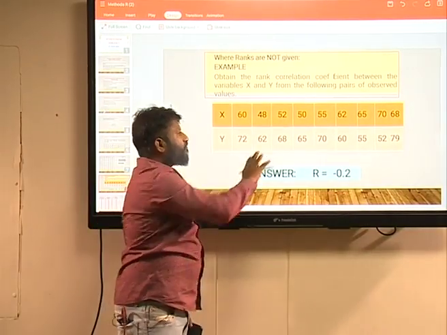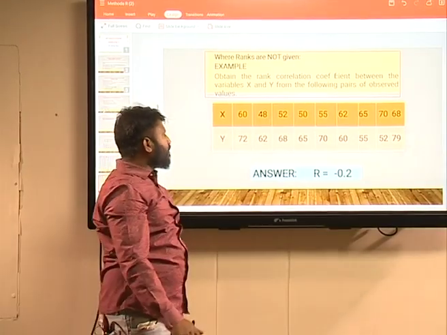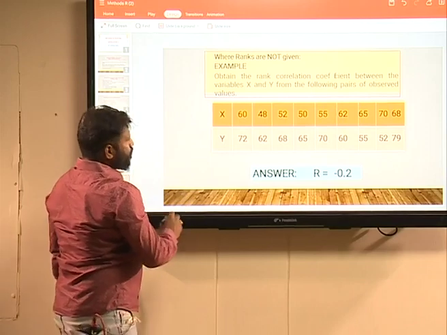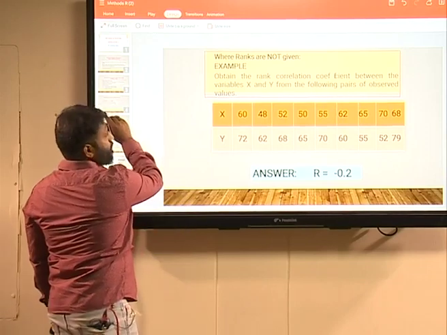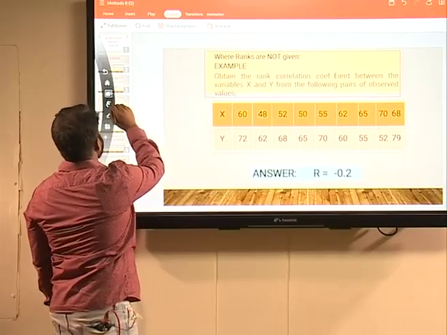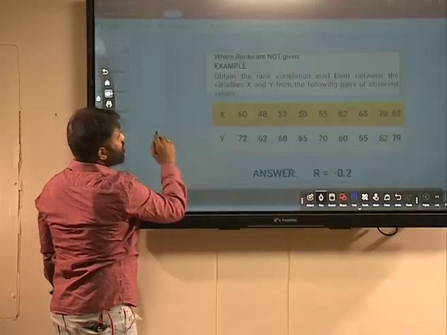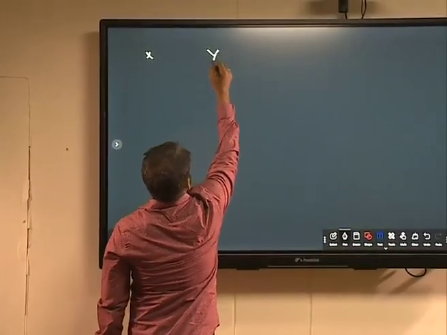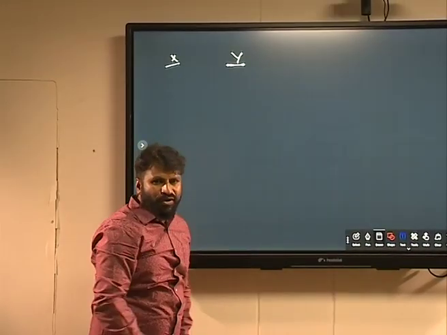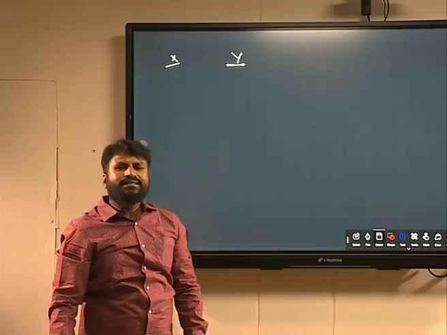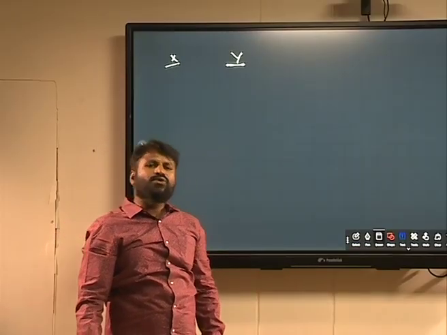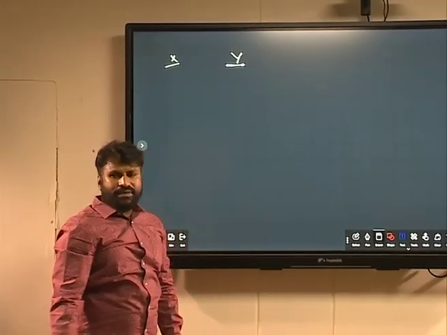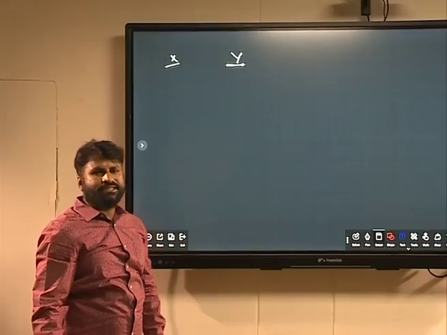So this is the problem we are going to solve right now. Now we are going to talk about how to calculate correlation according to Spearman rank correlation when the ranks are not given. Now I will explain with the help of this example problem.